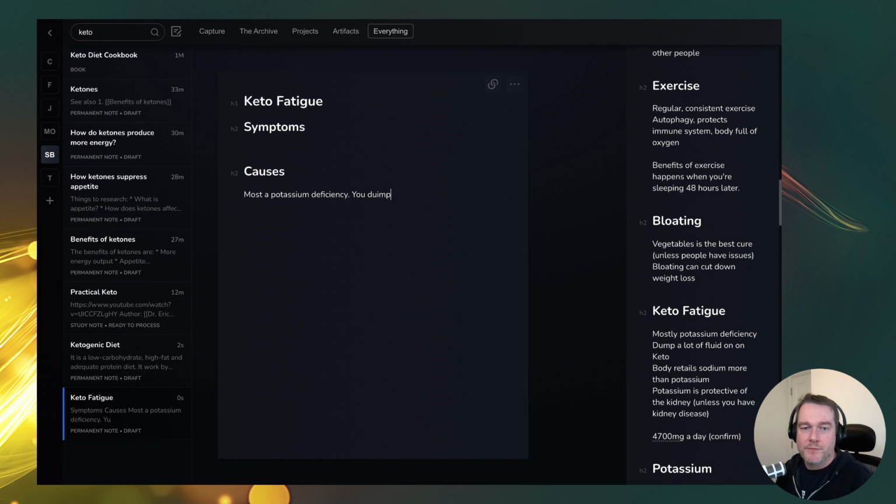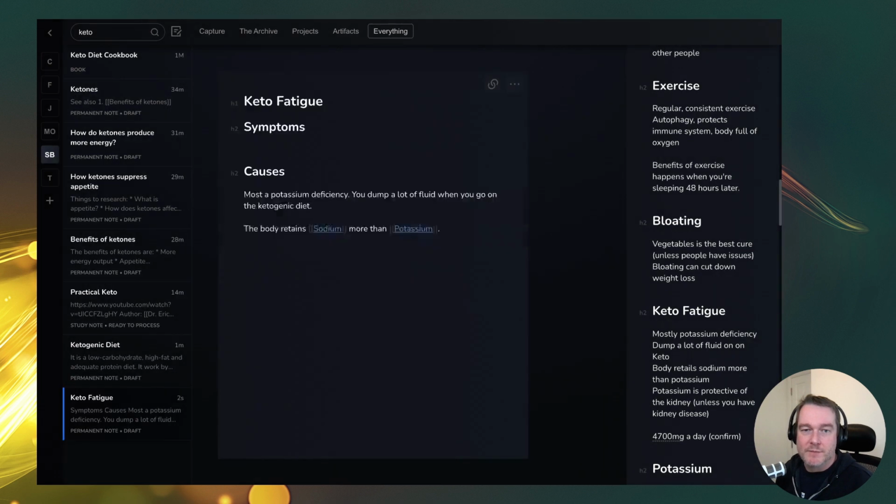You dump a lot of fluid when you go on the ketogenic diet. The body retains sodium more than potassium. So again here, I could just pull these out because they obviously have some type of high level meaning in my knowledge system.